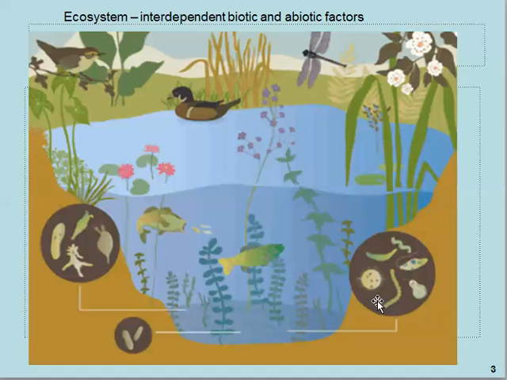Then we get into the macroscopic world where there are probably some little aquatic insects living in there that feed on the zooplankton, as well as some fish, herbivorous fish that eat the plants, carnivorous fish that eat other fish and some of those aquatic insects we just mentioned, and then we have some waterfowl up here, a duck that's probably feeding on the aquatic plants as well.